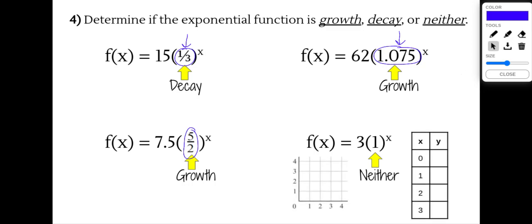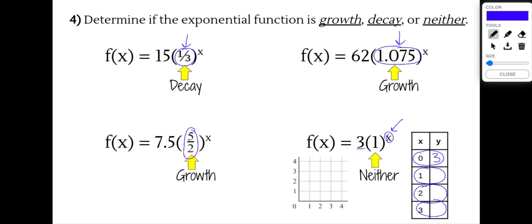In order to explain this, I'm going to pop up a graph and a table here. Okay, if I were to make a table of values, if I were to plug in 0, 1, 2, and 3 up here into the x for the input, so if I plug in 0 for x, 1 to the 0 power is 1, my output would be 3.